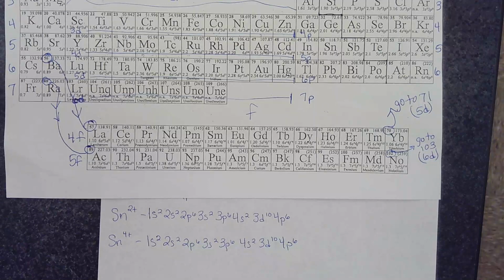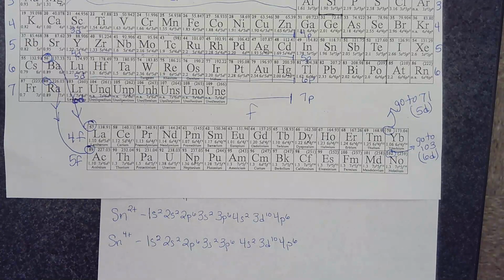Energy level. It will lose electrons from an outer energy level first, then if it needs to lose more, it will come inner. With that information, what does it lose to become 2 plus?